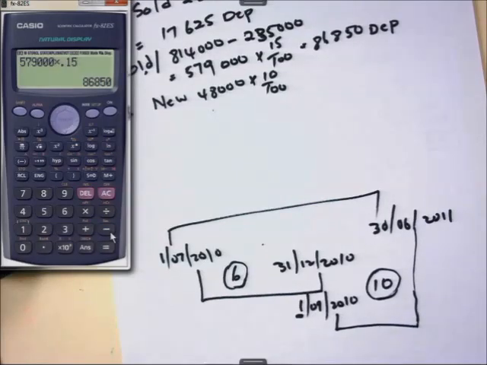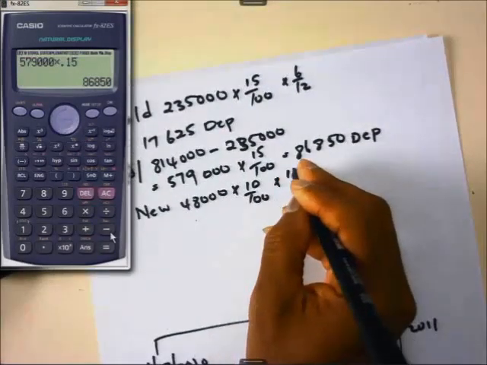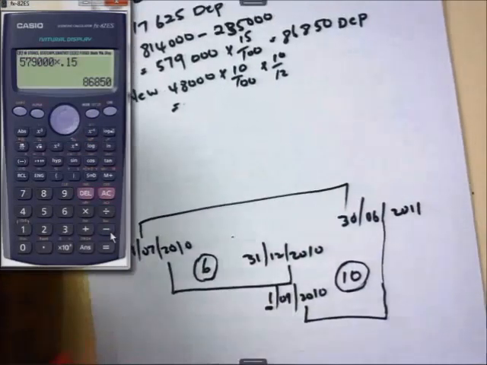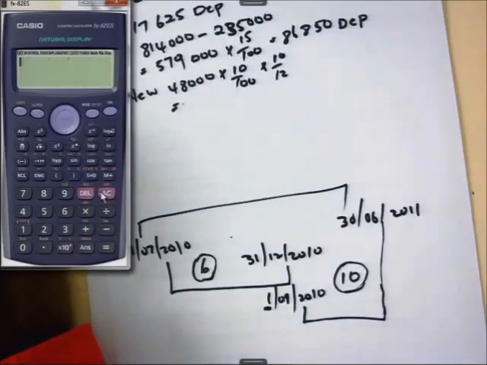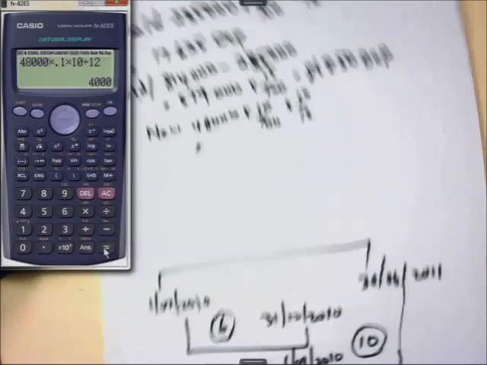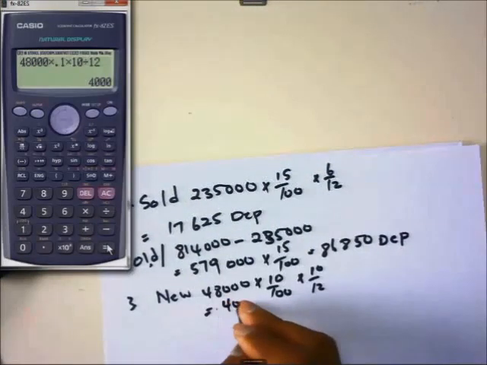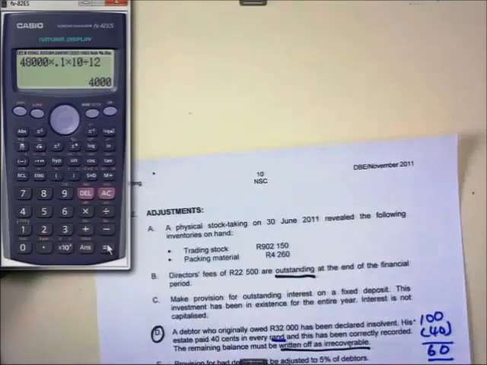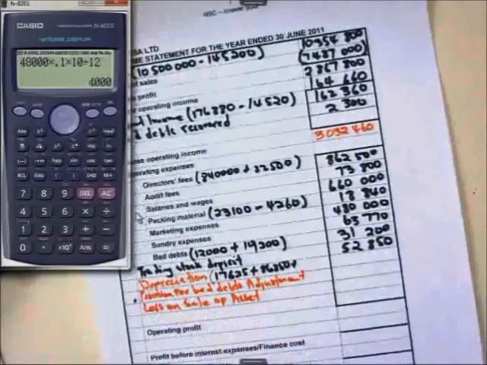So we multiply by 10 over 12 to get depreciation on the new equipment. 48,000 multiplied by 10%, multiplied by 10 divided by 12 equals 4,000. So that is depreciation on the new equipment, 4,000.